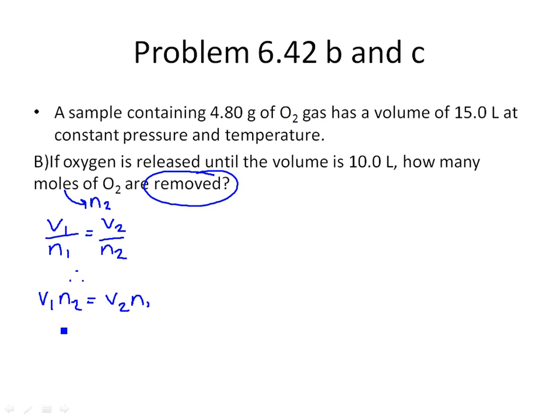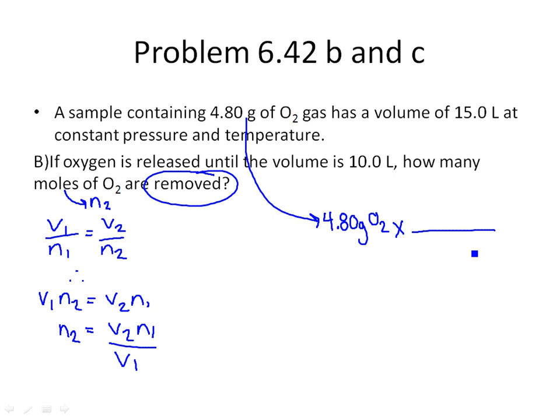If we're looking for N2, we can rearrange and solve for it: N2 equals V2 times N1 over V1. The first thing we have to do is convert from grams to moles, because N is the number of moles, not grams. So we take our grams of oxygen, and if you look on the periodic table, the atomic weight of oxygen is 16, and you have two of them.